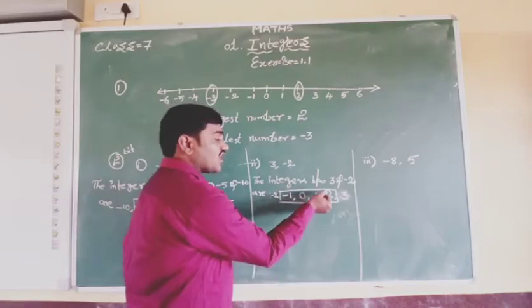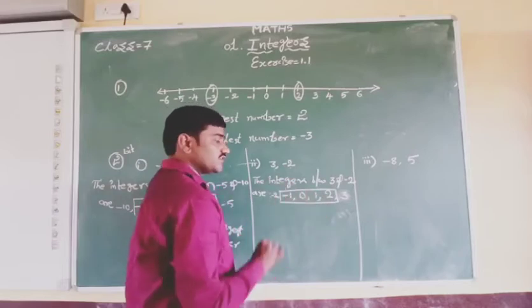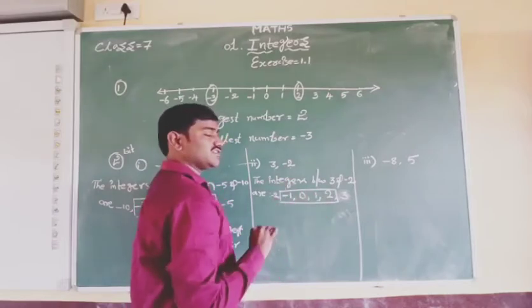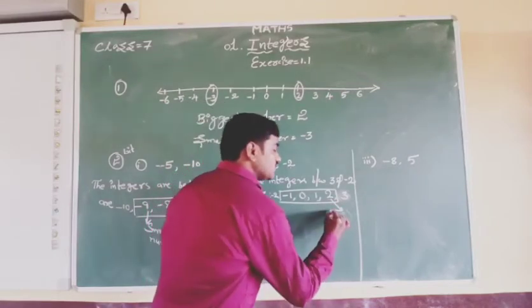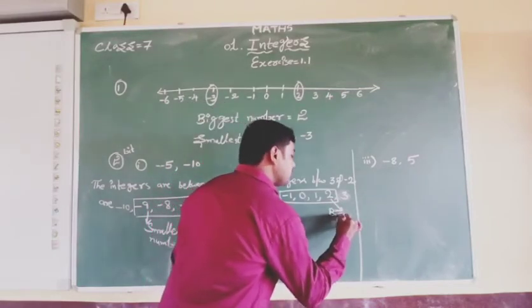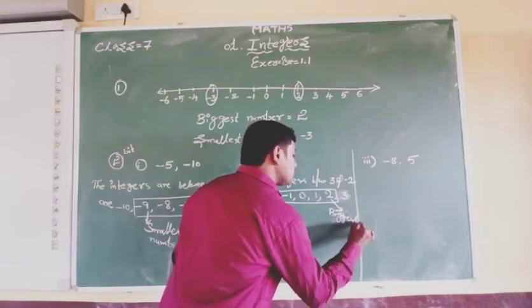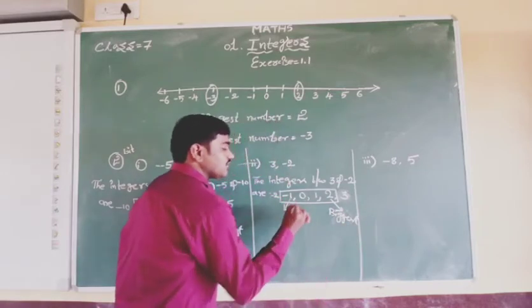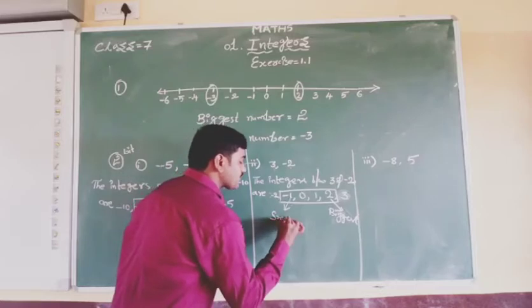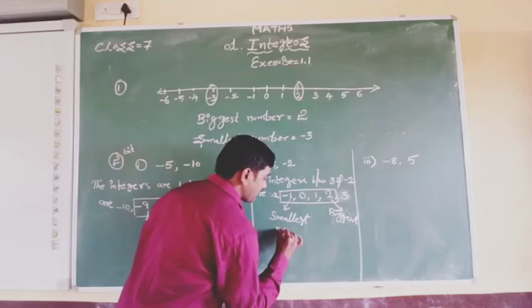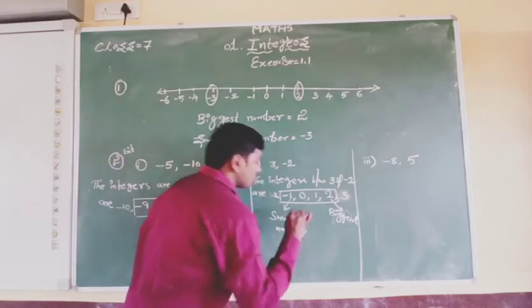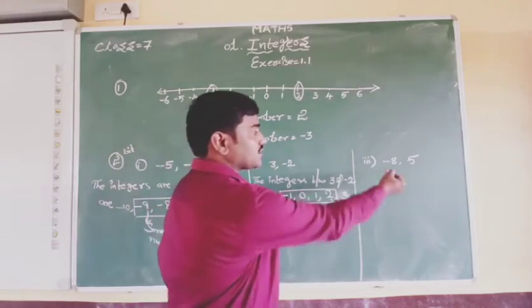Out of these 4 digits, which is the biggest one and which is the smallest one, easily we can identify. The positive number 2 is the biggest number and minus 1 is the smallest number. Yes, I hope you understand. Let's come to this now.